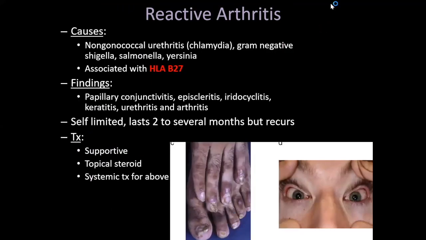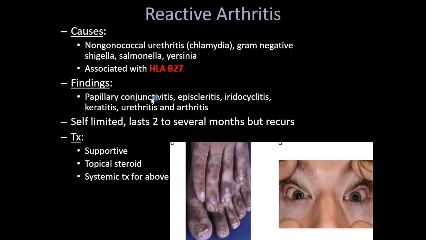Reactive arthritis. This is an HLA B27 associated, non-gonococcal urethritis induced joint inflammation with associated ocular manifestations.